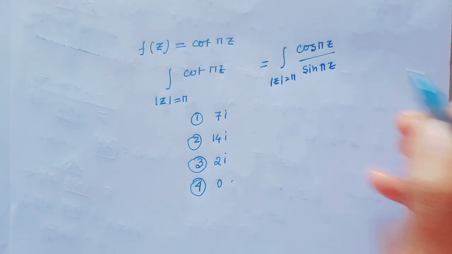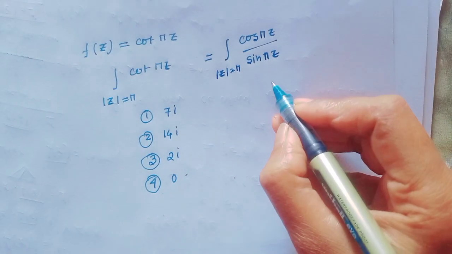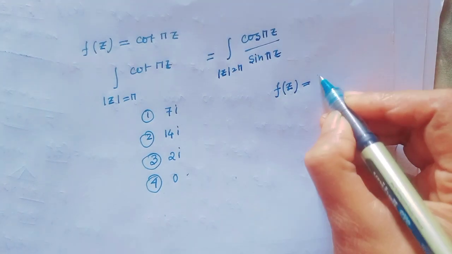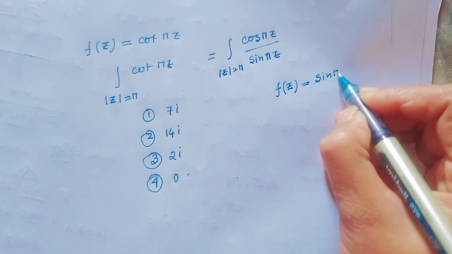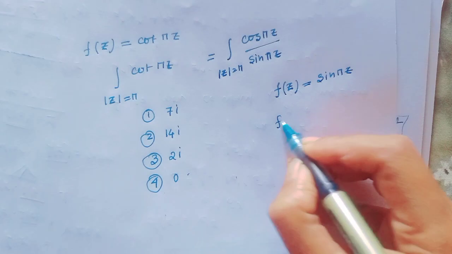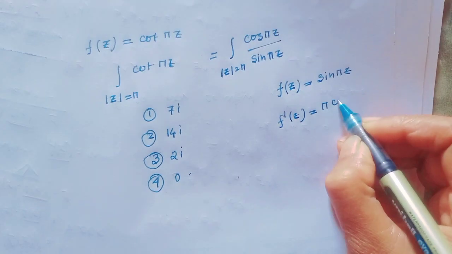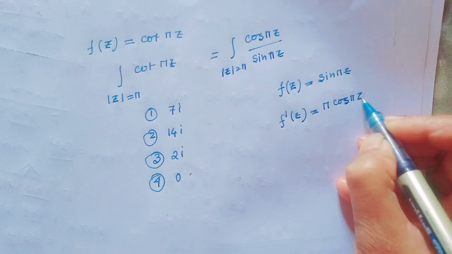Here I will use the argument principle. Consider f(z) equal to sin pi z. Then f prime z equals pi times cos pi z.